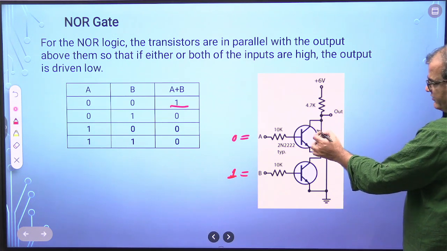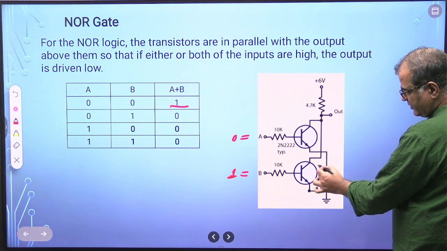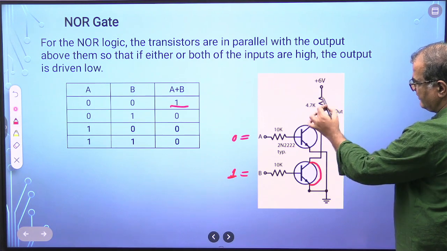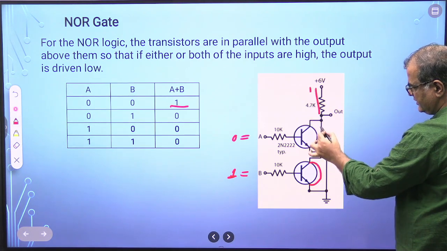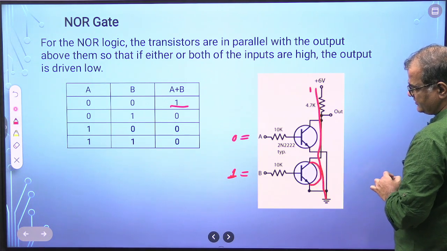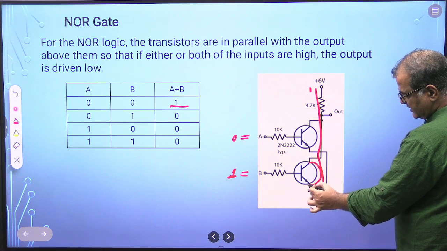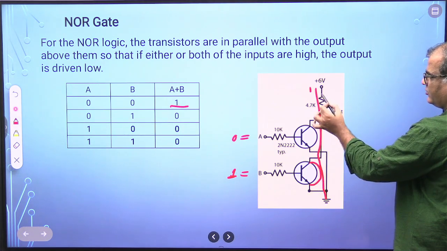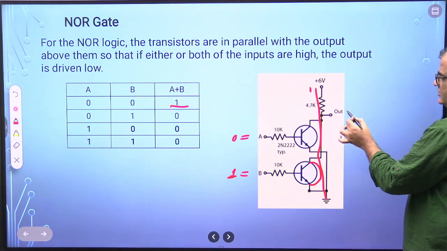There is no drop here, so I come from here and go down directly, because this path is conducting. In this path VCE is 0 and all the voltage drops here, so the output will be 0.